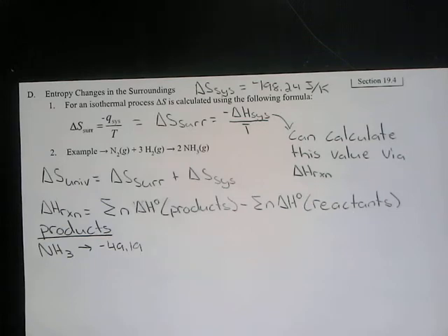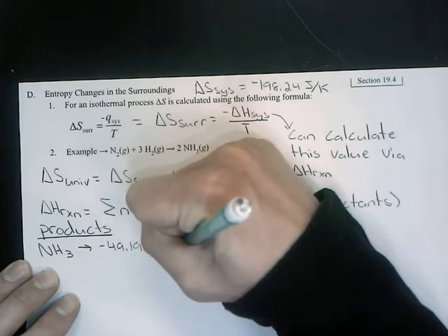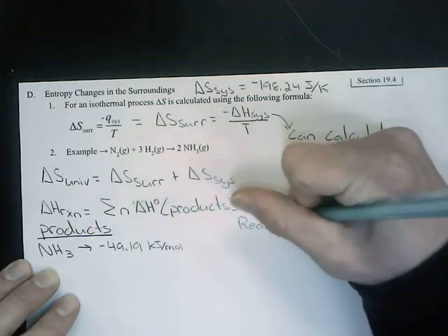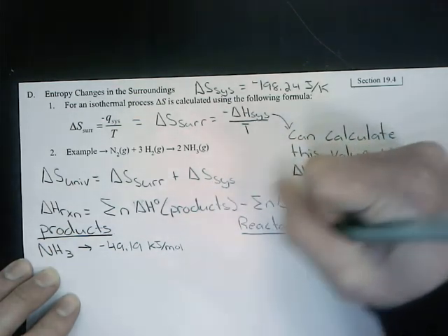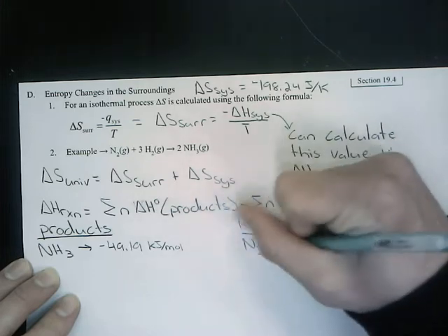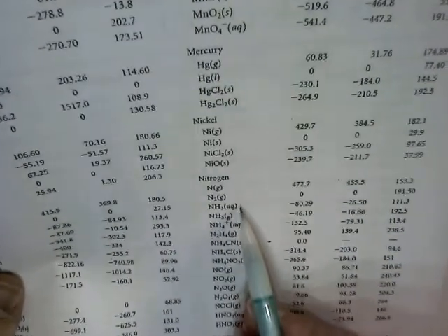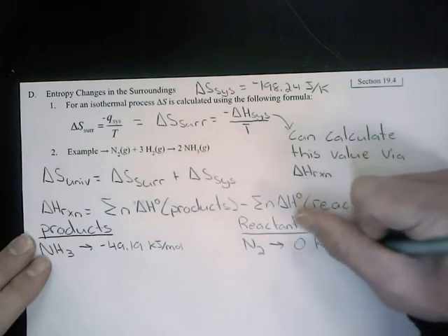And this was kilojoules per mole. We can do the same thing for our reactants. Our reactants are N2 and H2. The delta H value looked up on this chart for N2 as a gas is 0 kilojoules per mole.